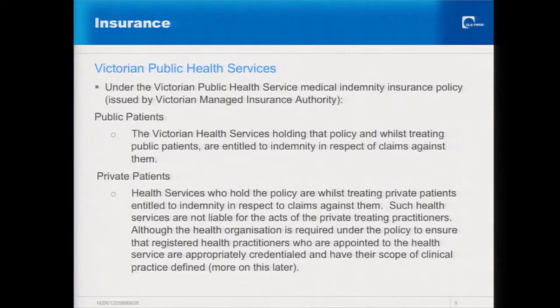Now, in those circumstances, the hospital is covered for the services it provides, but it could expose itself to liability if the private treating surgeon is negligently credentialed.